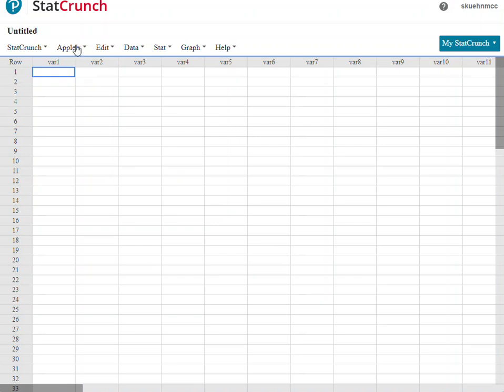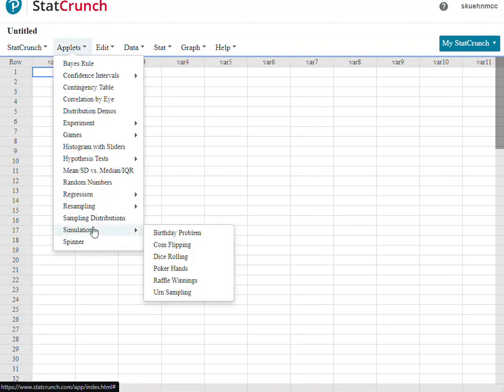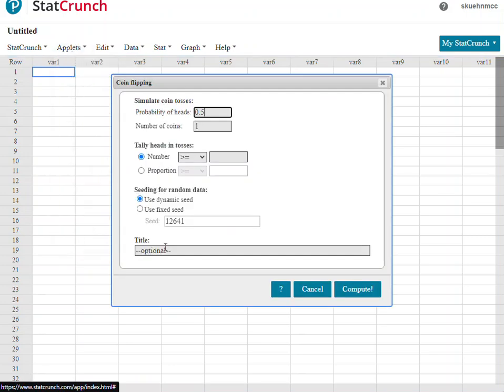So we're going to go to simulation, coin flipping, and the probability of correctly picking the stock is still going to be 0.5 because it's pretty much the same as flipping a coin. And we're going to say we sampled 680 different stocks. So we'll flip a coin, if you will, 680 times.